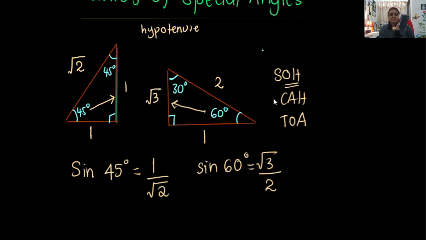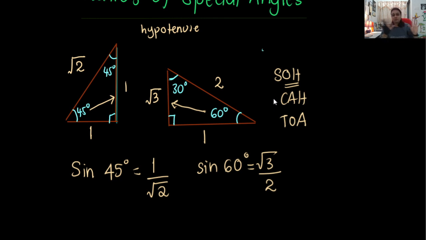So this one, if you key in sine 60, you will get a decimal. But if you key in sine 60 on the advanced, the new edition one, you get square root of 3 over 2. So this is what we want in the exam, these are the values that you need. But if your calculator is not the new edition, use this method.